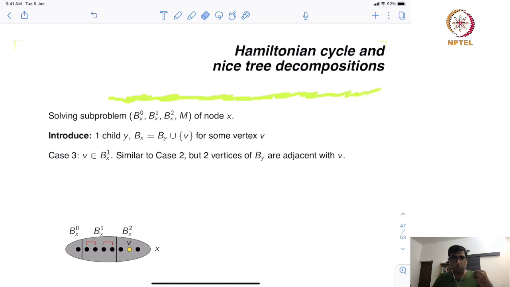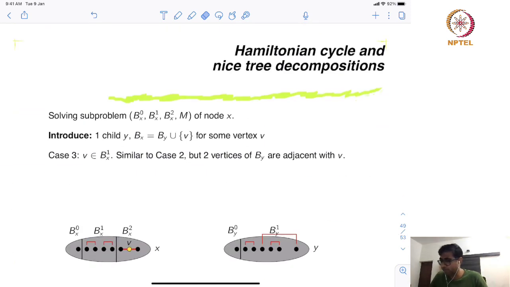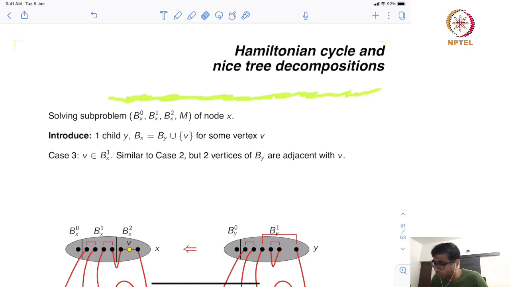The property is similar to case 2, but now two vertices of By are adjacent with V, and again you deal with them. So there will be several cases when you introduce a vertex, and you have to deal with each of these cases, but I will omit this. I will provide these slides, and you could have a look at them.